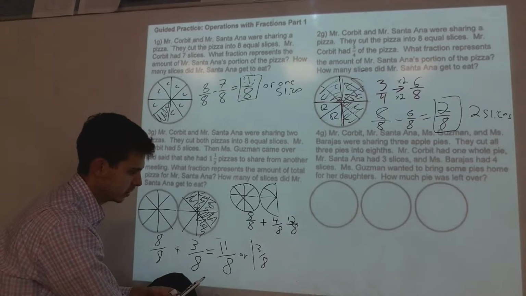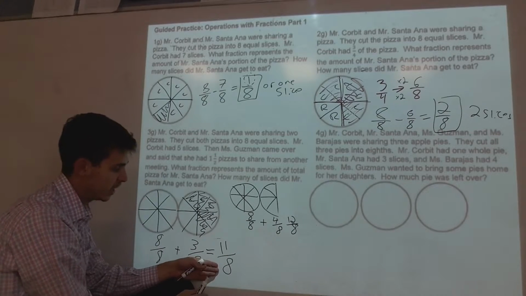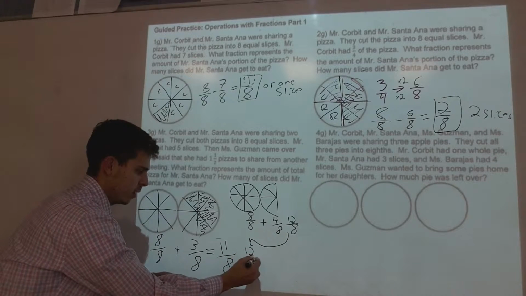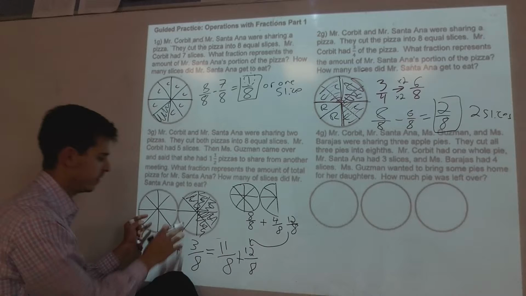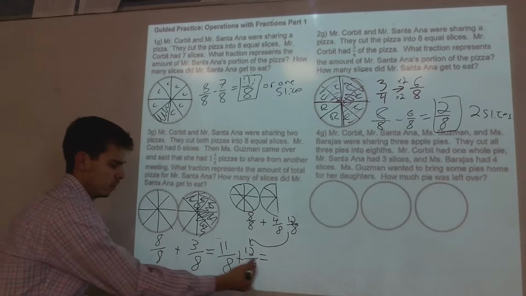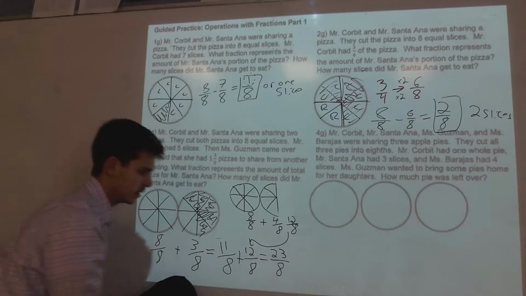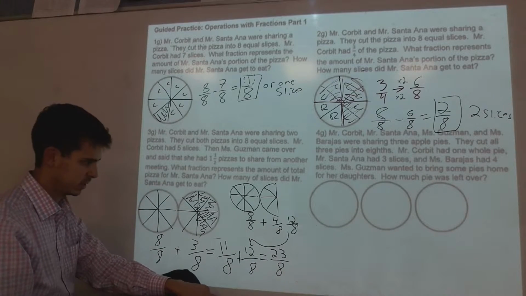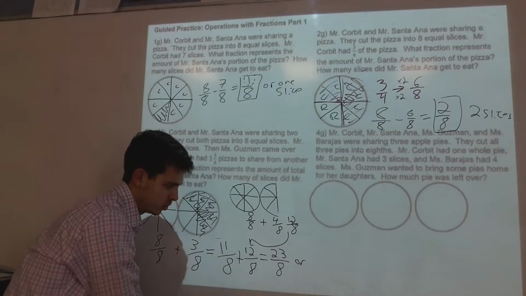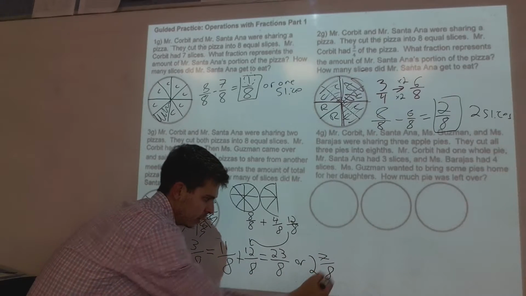Now if we add these fractions, I'm going to go ahead and write the 1 3/8. It's easier to add the improper fractions. We're going to bring this down here. We have 12 over 8 plus 11/8, what we started with after Mr. Corbett ate his. 11 plus 12 is 23 over 8. So we have a total of 23 slices. But let's turn this into a mixed fraction. 8 goes into 23 2 times with a remainder of 7 slices.